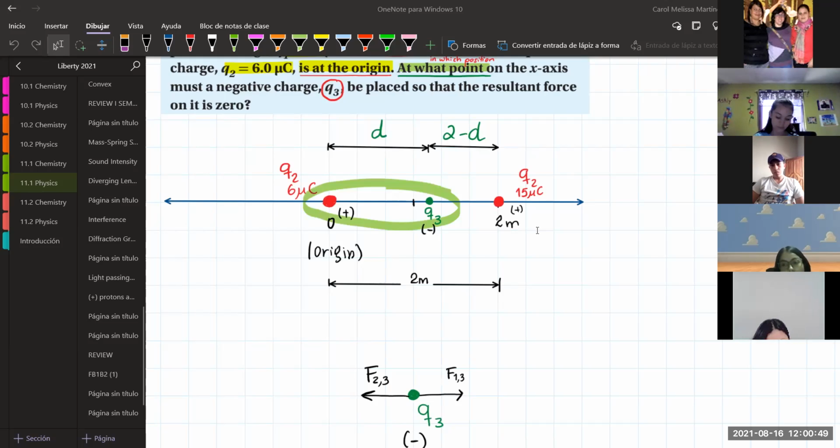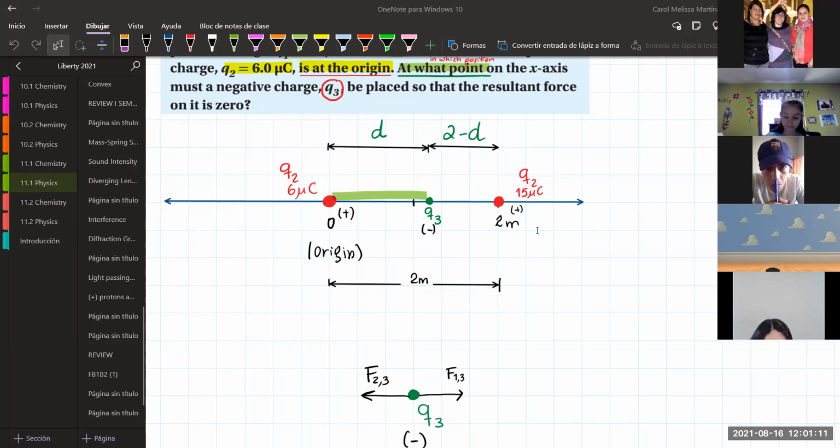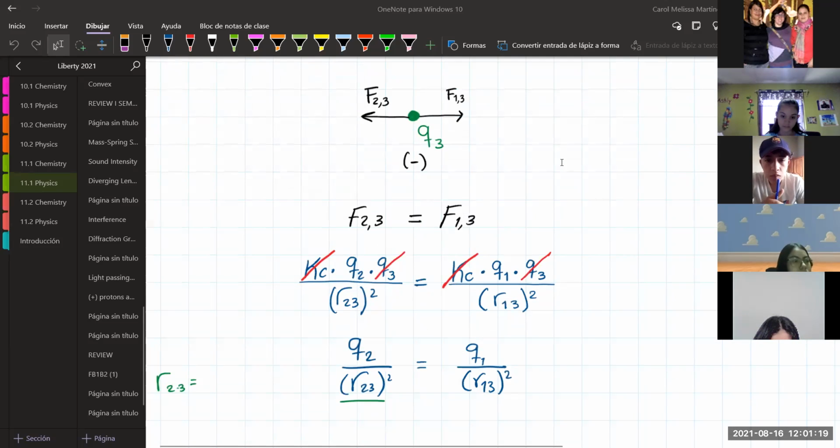Do we have a value for it? Do we have a number? Do we have a letter? Yes, we have the letter D. Okay, so between Q2 and Q3, this is the distance, and the distance is the letter D. So R23 is equal to D.